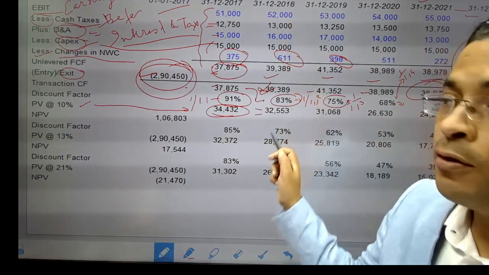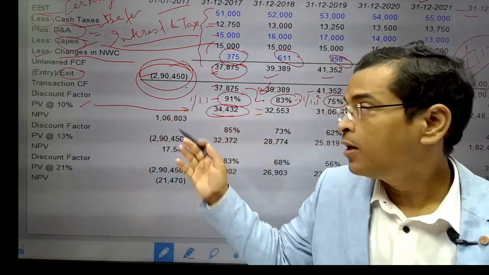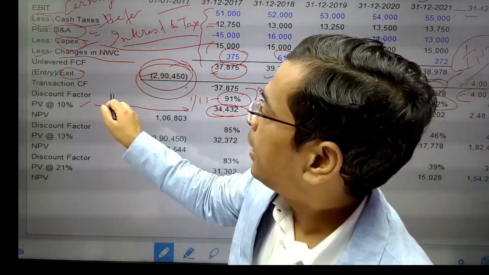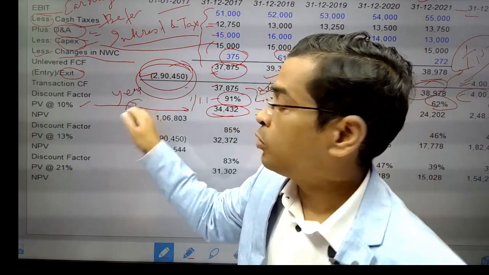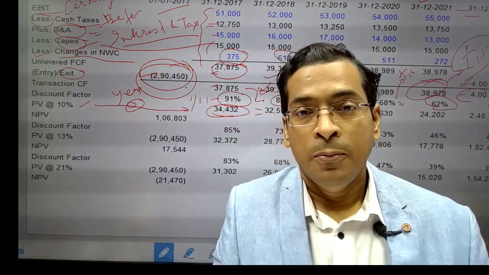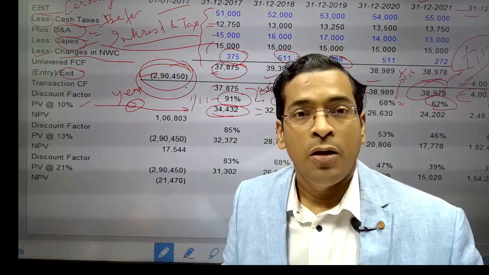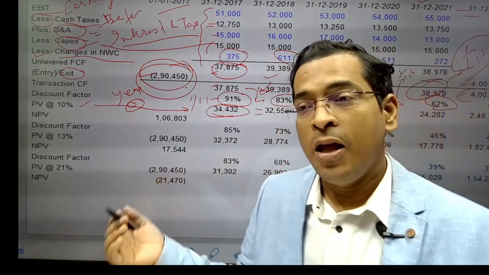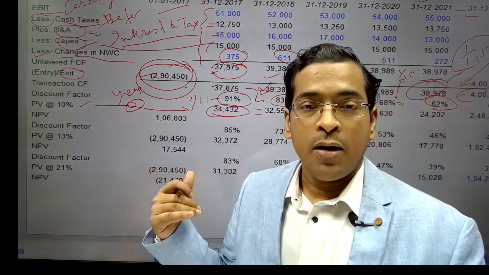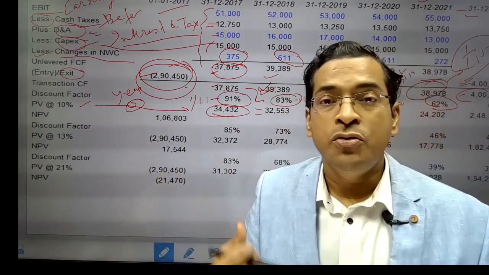And all this cash flow represents the value of the future cash flow in today's time, at year 0. This is at year 0, meaning today's value. So if I'm getting, say, $100 next year, another $100 2 years later, another $100 3 years later, we have to calculate what each $100 value will mean today.